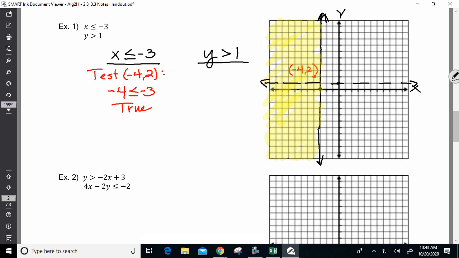Now we pick a point that's either above that line or below that line. So, give me a point. Pick a point for me to test.